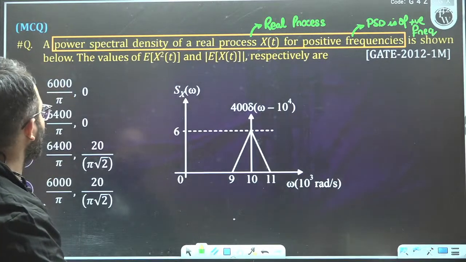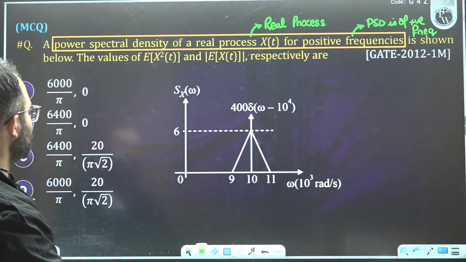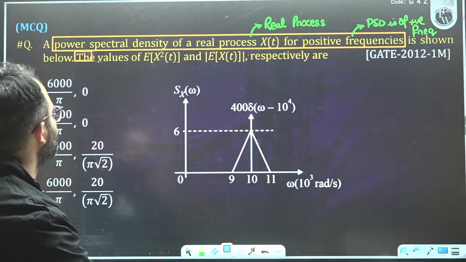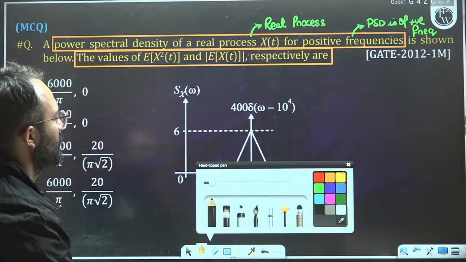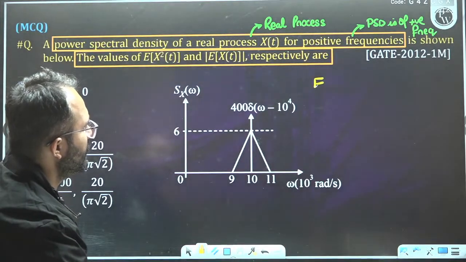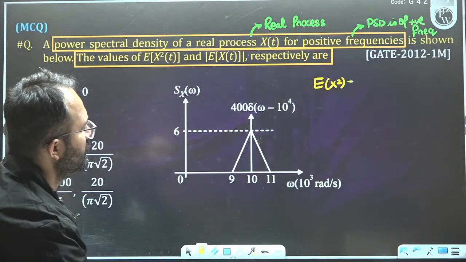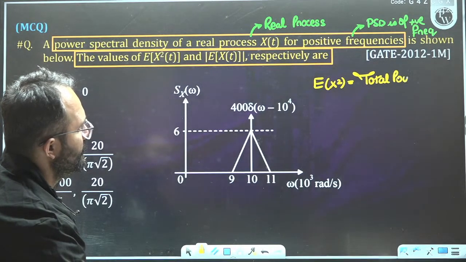Okay, we have to find out the value of expectation of x square and the value of the mean value. The expectation x square means the total power.